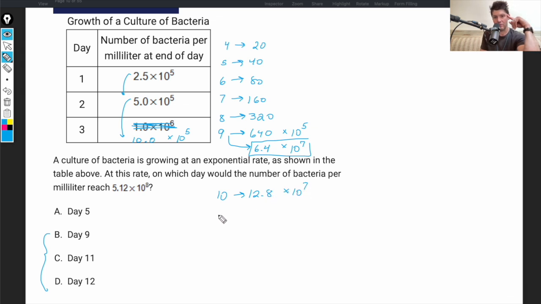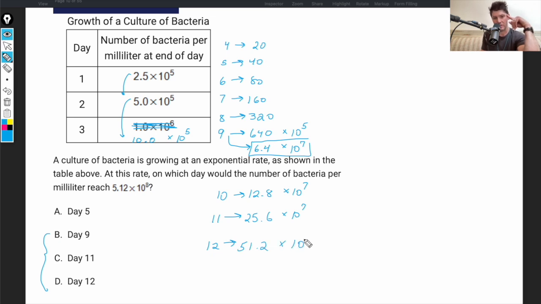And then day 11 would be 25.6. That's just double 12.8 times 10 to the 7. And I'll just give us day 12 too. That would be 51.2 times 10 to the 7.